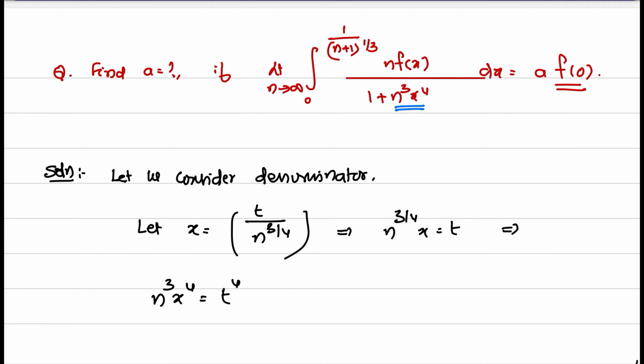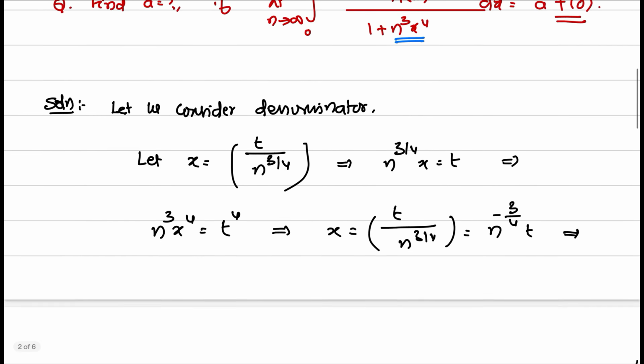Because n is a constant, that means n is some value tending to infinity. Now let's do it like this. x is equal to t, a variable, by n to the power of 3 by 4, that is equal to n to the power of minus 3 by 4 into t.